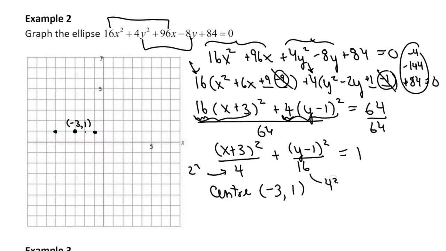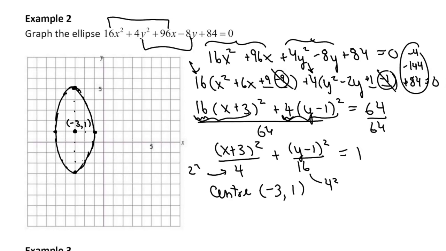And our y's are going to go up and down 4. 1, 2, 3, 4. 1, 2, 3, 4. And that's because that would be plus or minus 4. We can join that together, and that would be our ellipse. Okay, so a lot of moving pieces here. Hopefully completing the square seems a little bit more comfortable now that you've done that for a couple lessons.